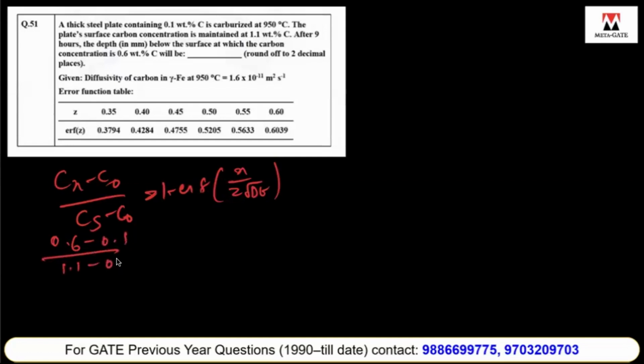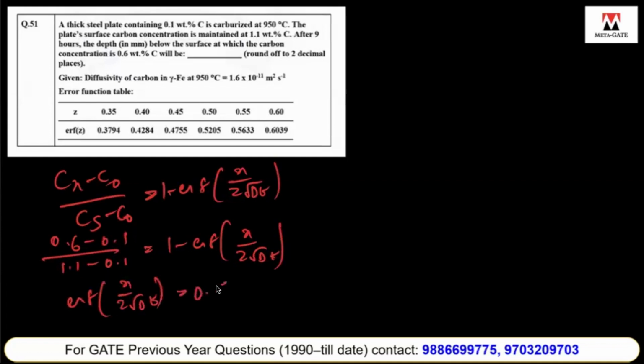So 0.6 minus 0.1 by 1.1 minus 0.1 is equal to 1 minus ERF x by 2 root Dt. So we get 0.5 by 1. So it is 0.5 and 1. So ERF x by 2 root Dt is equal to 0.5. When ERF value is 0.5, you need to do interpolation here.